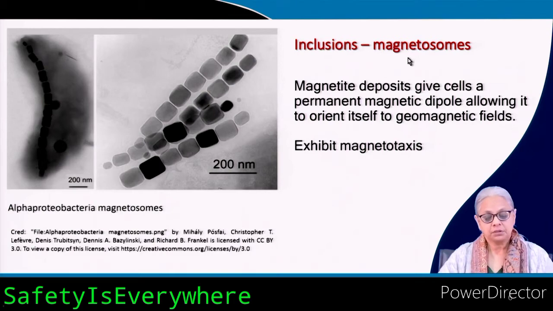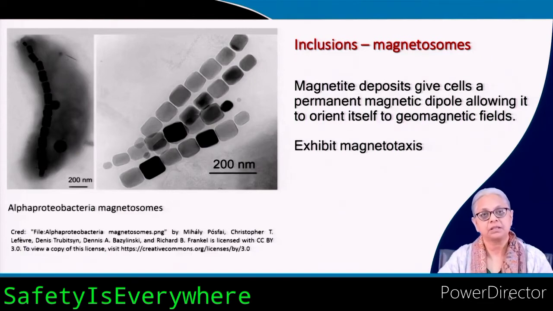Then we come to other inclusions like magnetosomes. There are certain types of bacteria, and this is an alpha proteobacteria which has magnetosomes, and you can see that it has created these deposits of magnetite. Magnetite is a ferric mineral, and it gives the cells a permanent magnetic dipole, and you know that the earth has geomagnetic fields, so the bacteria are able to orient themselves.